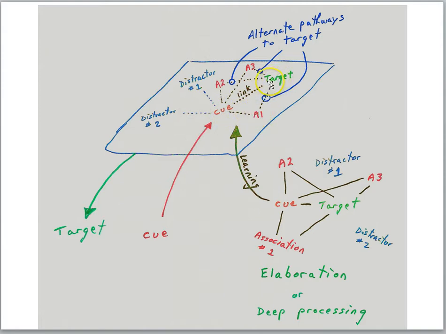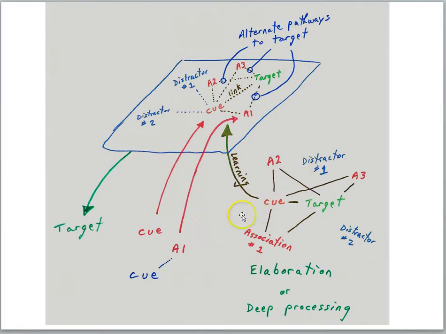So you see, the idea of the concept map, or what some call elaboration or deep processing, is that if we want to learn the association between one thing and another thing, the cue and the target, it can be helpful to embed that association in a wider network of associations. And this gives the brain more pathways to try and retrieve the information, the very target that we want during some retrieval process.